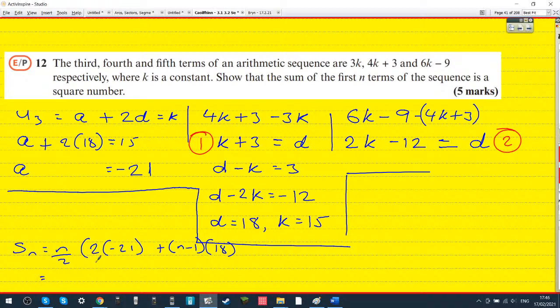So n over 2 brackets minus 42 plus 18n minus 18.